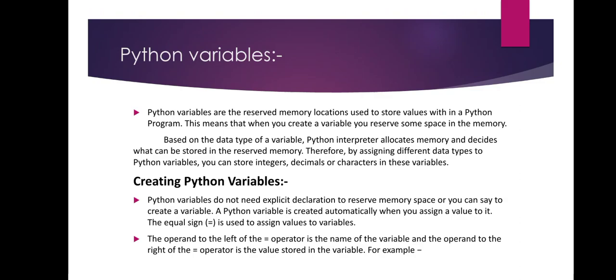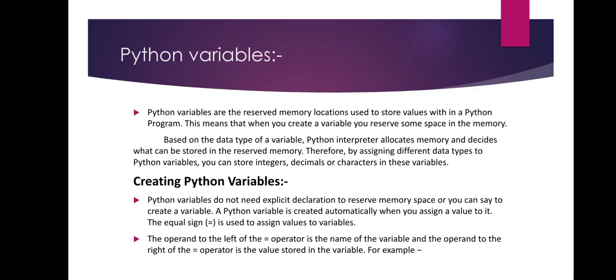By assigning different data types to Python variables, you can store integers, decimals or characters in these variables. Data types include integer, float, character, and some others. Depending on the data type of a variable, the Python interpreter allocates some memory and decides what can be stored in the reserved memory.